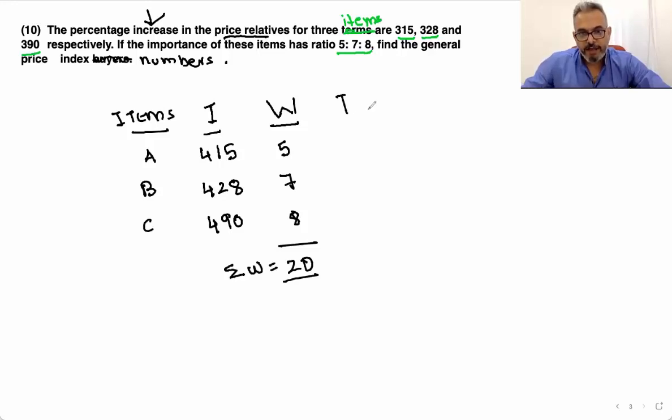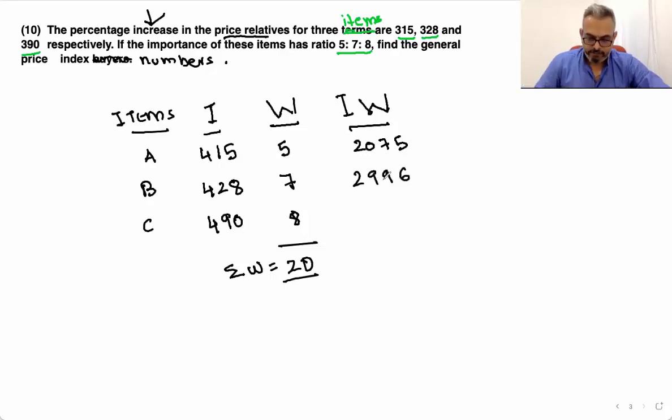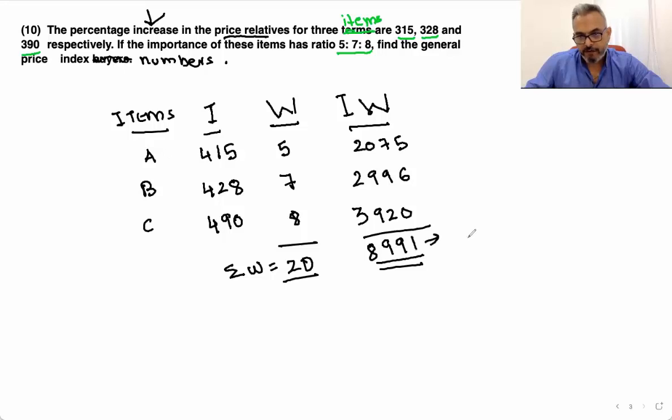Now let's find out I into W. 2075, 2996, 3920. Do the total: 8991. This is sigma IW.